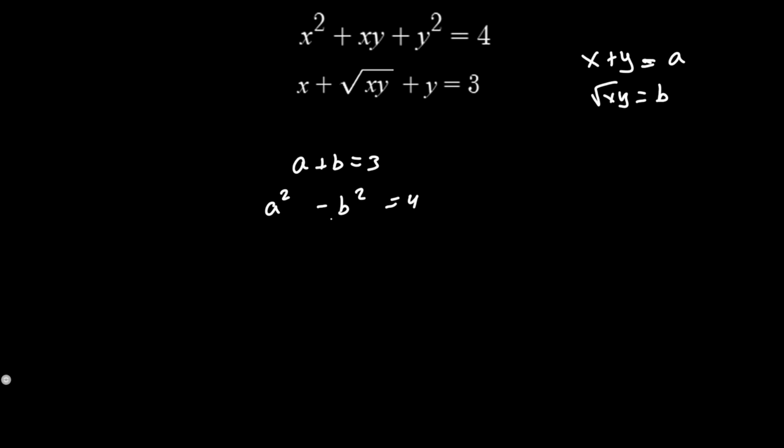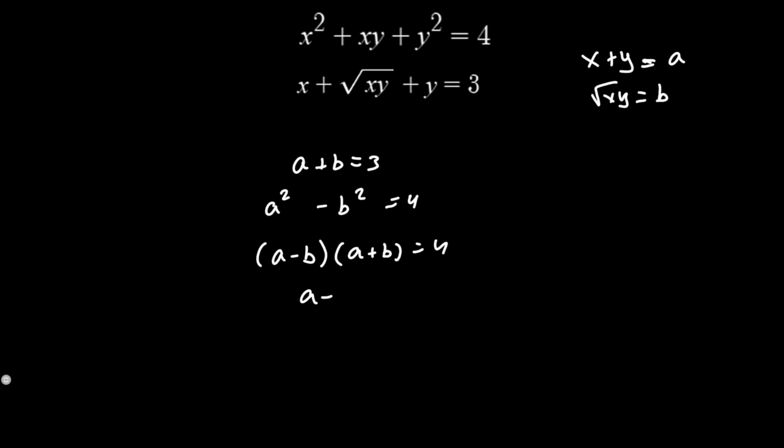And here we could simply have a very nice system of equations, which is really going to be very nice for us. Because for our second equation in terms of a squared minus b squared, we could write this as a difference of squares. So we have a minus b times a plus b is equal to 4.